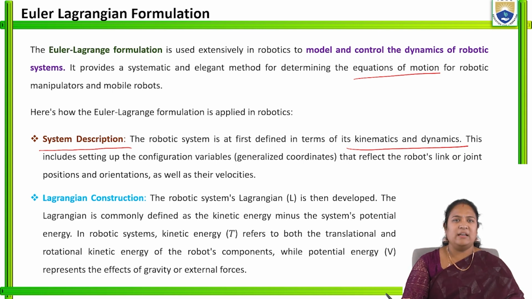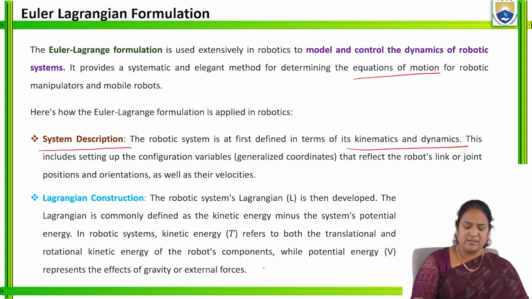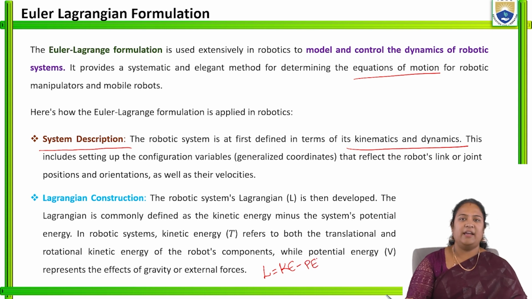So all that is reflected with the help of the system description. Moving on to the Lagrangian construction. Here, the Lagrangian is determined as the difference between the kinetic energy and the potential energy.